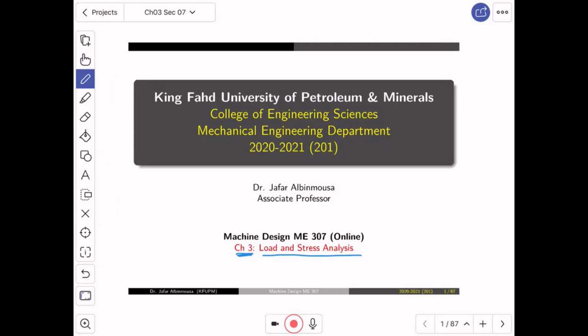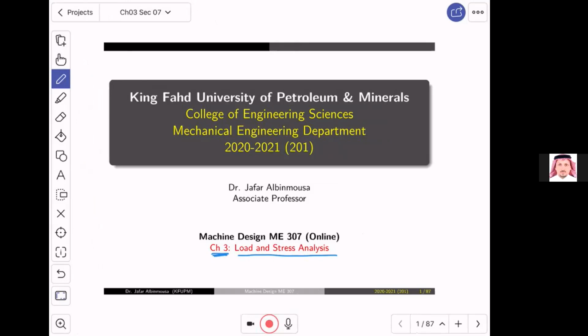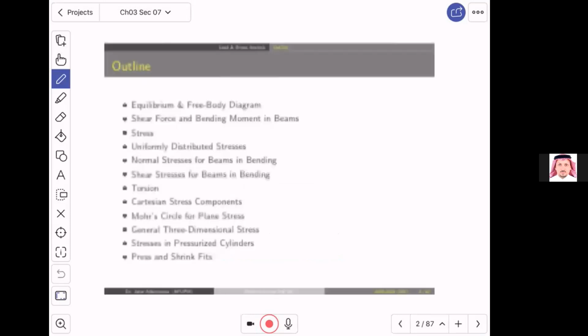Actually, the whole course is supposed to teach you how to determine stresses and then how to use these stresses to judge whether a certain design is safe or not. That's your ultimate goal, always. So what do we need in order to understand if a design is safe or not?